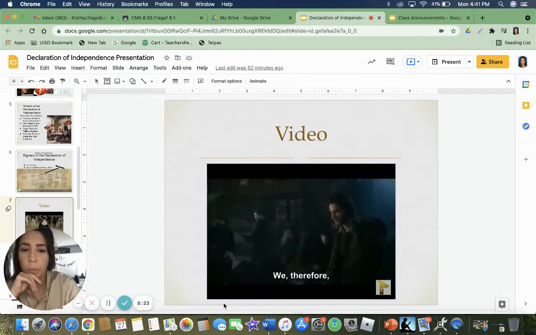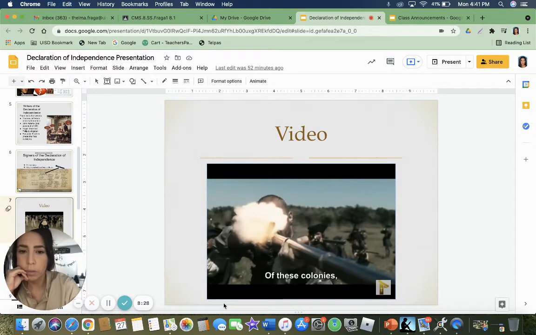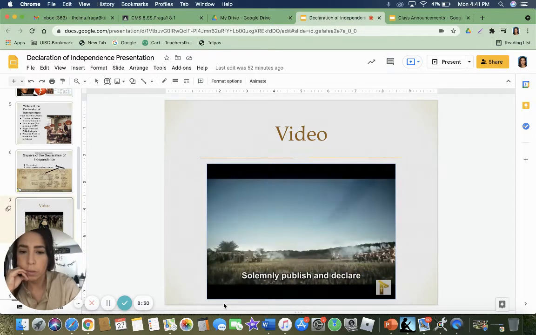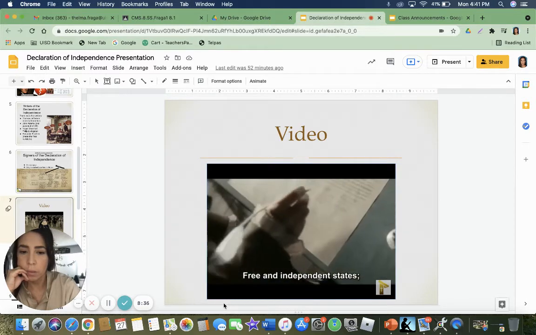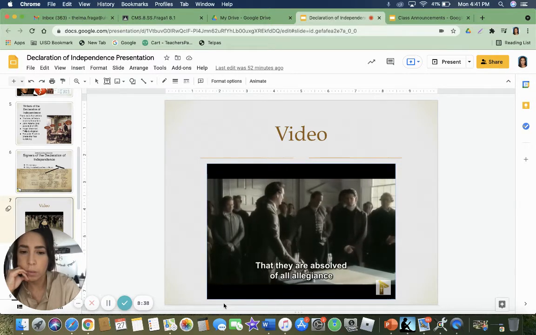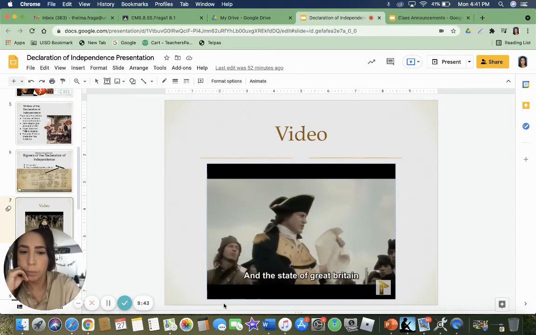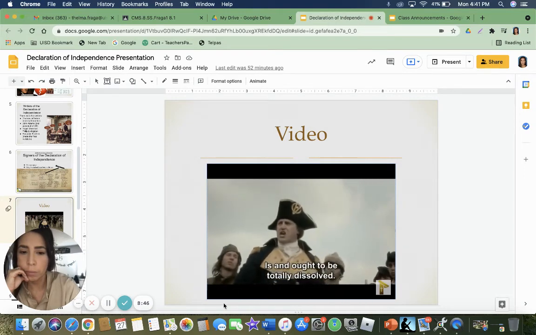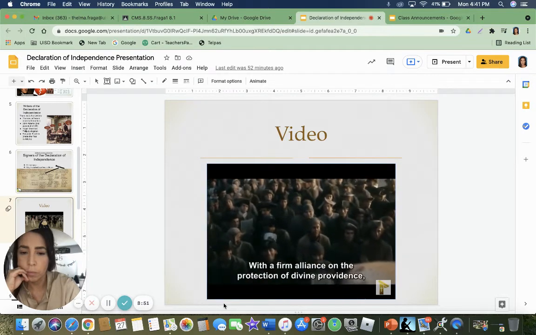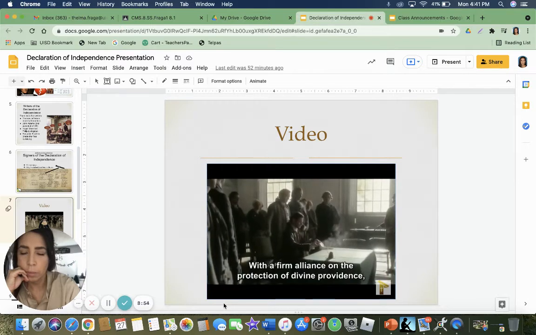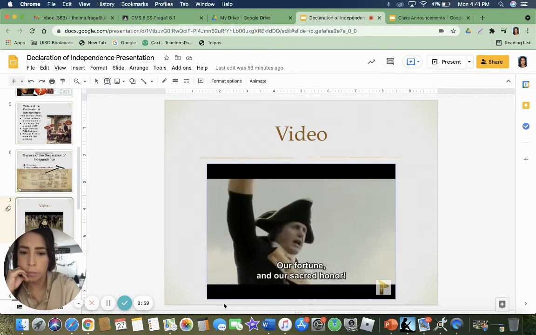We, therefore, the representatives of the United States of America, do, and with the authority of the good people of these colonies, solemnly publish and declare that these united colonies are, and of right ought to be, free and independent states, that they are absolved of all allegiance to the British Crown, and that all political connection between them and the state of Great Britain is, and ought to be, totally dissolved. In the support of this declaration, with a firm reliance on the protection of divine providence, we mutually pledge to each other our lives, our fortunes, and our sacred honor.